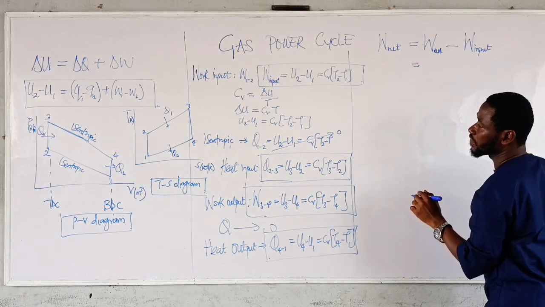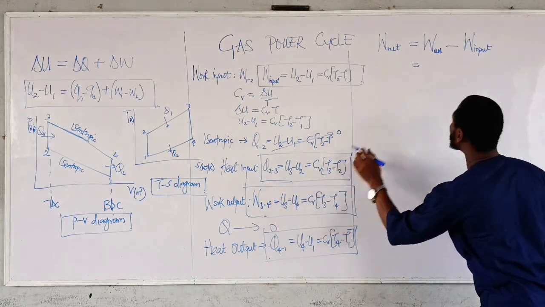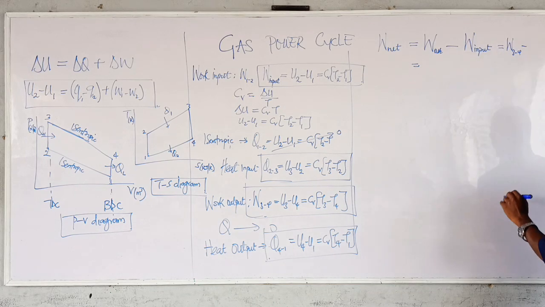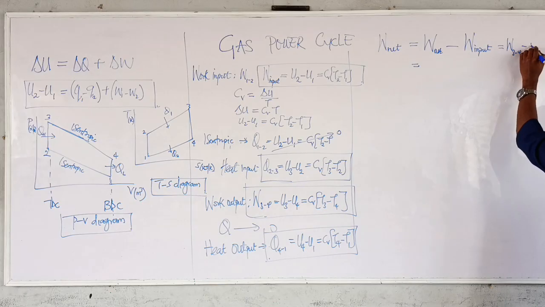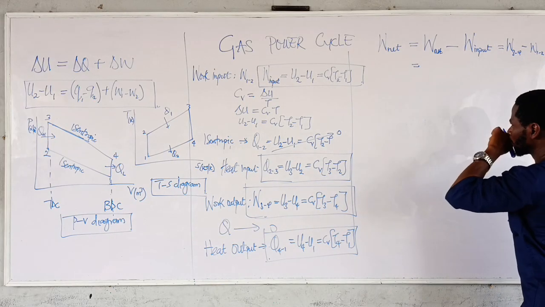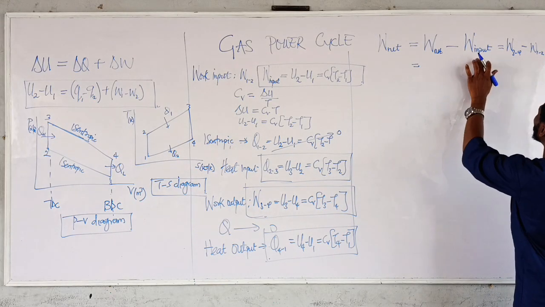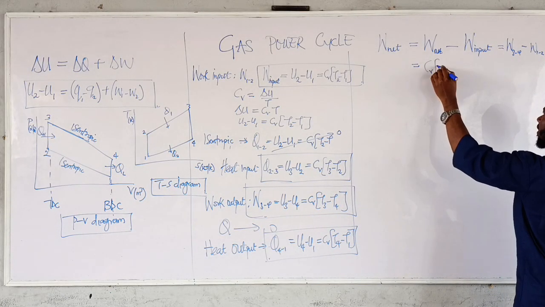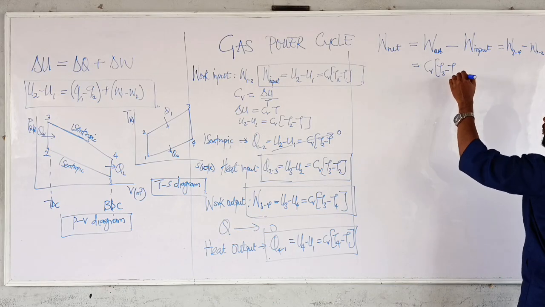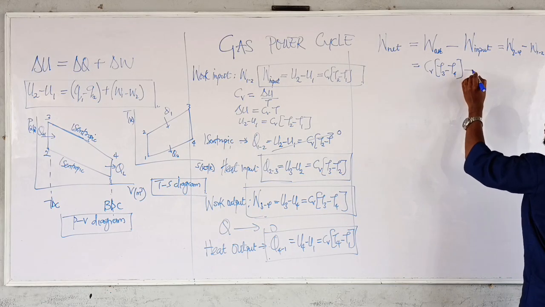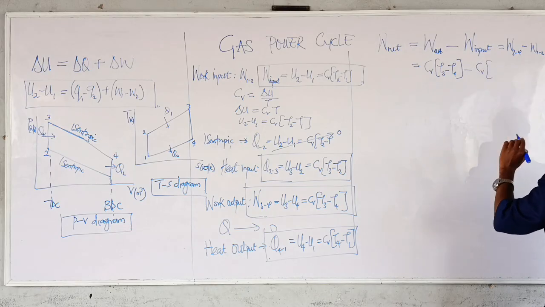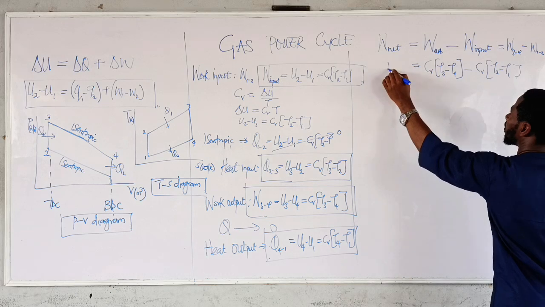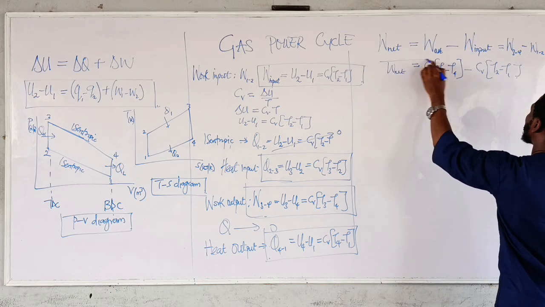And work output is W3 to 4 minus W1 to 2, which is given as what? W3 to 4 is Cv into bracket T3 minus T4, minus Cv into bracket T2 minus T1. This is the net work output.